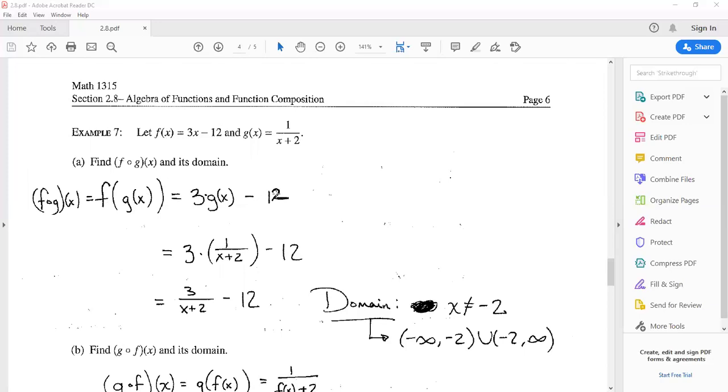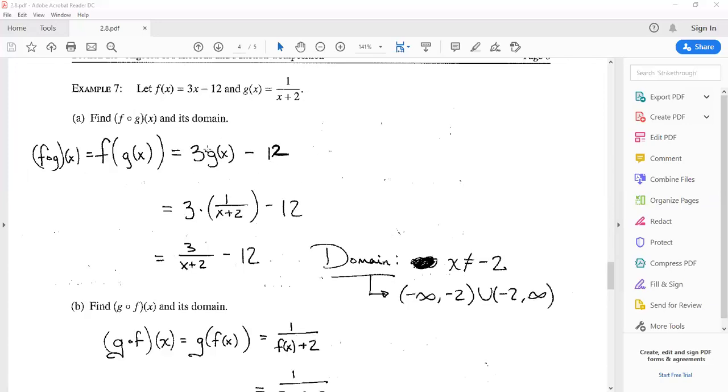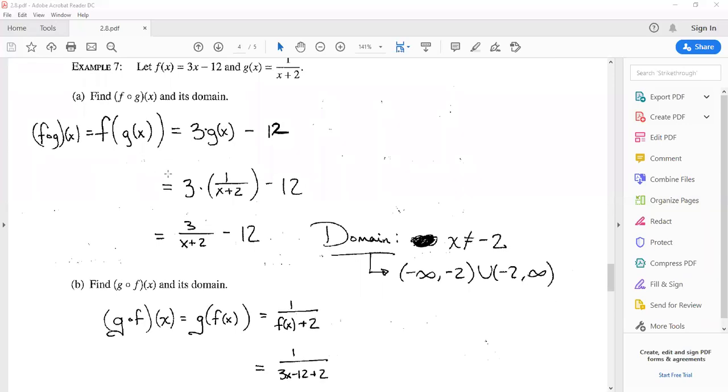Okay, now we'll take the expression that we have here and replace g of x with what we know to be the formula for g of x. So namely, 3 times g of x minus 12 becomes 3 times 1 over x plus 2 minus 12. And then we can simplify this first part to be just 3 over x plus 2 minus 12.